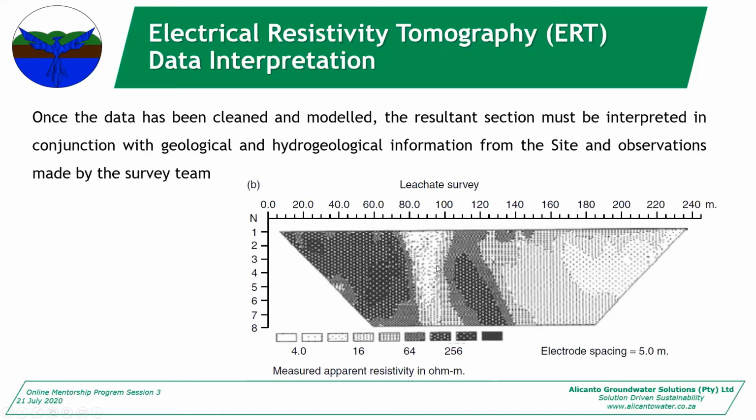Now, your first thought. I'm going to pick on someone in the list of participants. Let's go, Neil. Neil, what's your interpretation of this low anomaly here? What would you say that is?